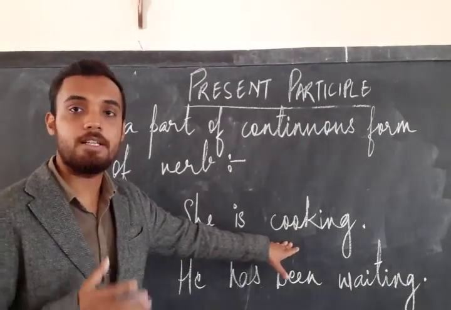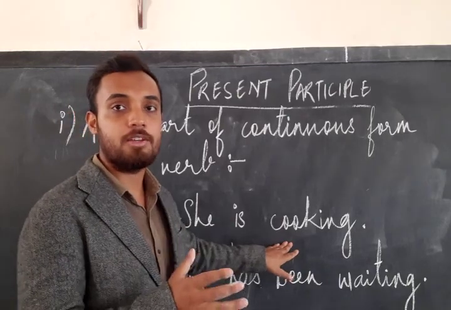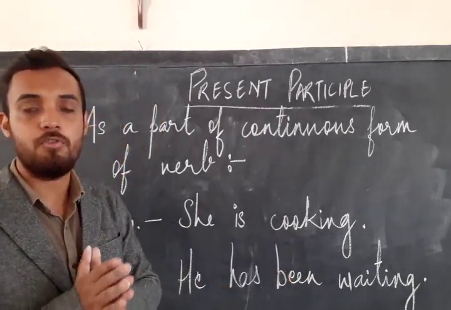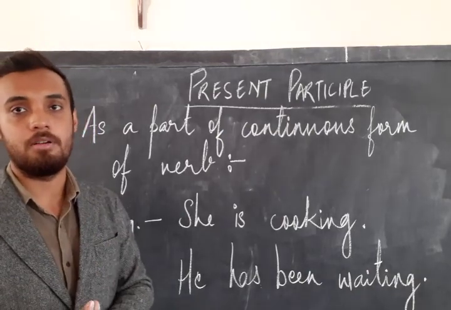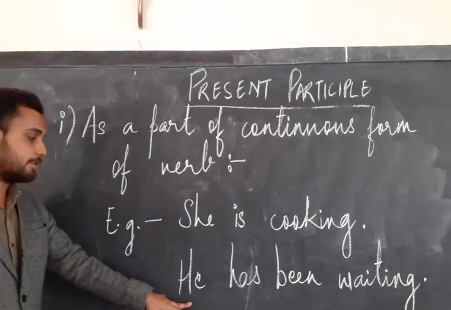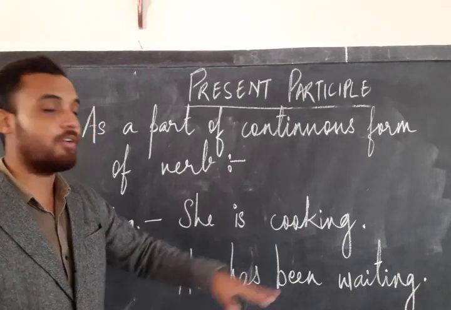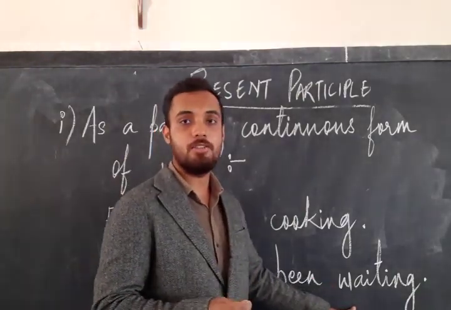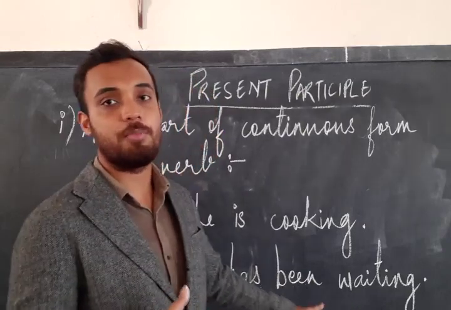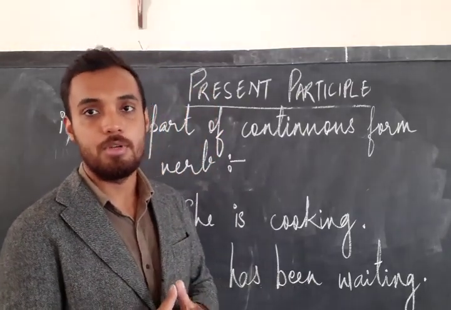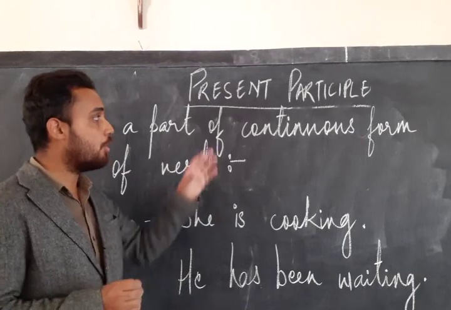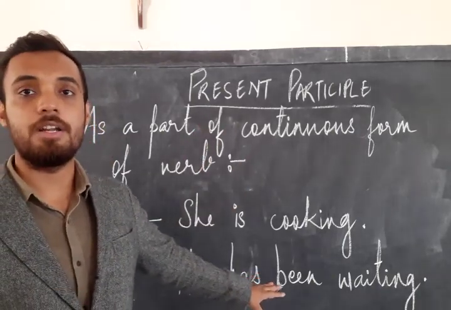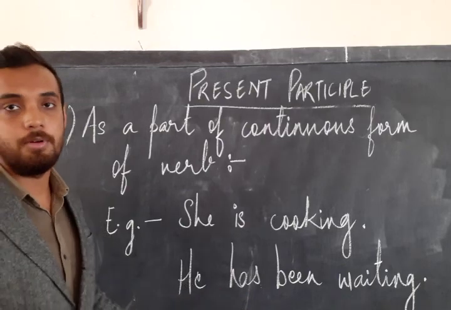This verb is in continuous form to show an action which is continuing. That is the first use of the present participle. Another example, he has been waiting. Wait plus ing, in continuous form. So the first use of the present participle is to use it as a continuous form of a verb.